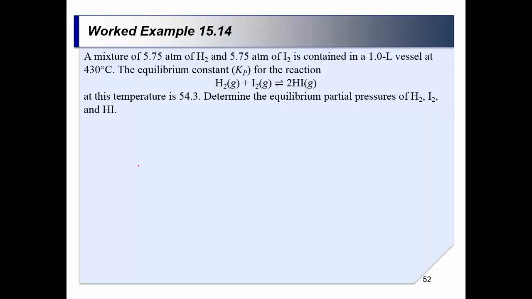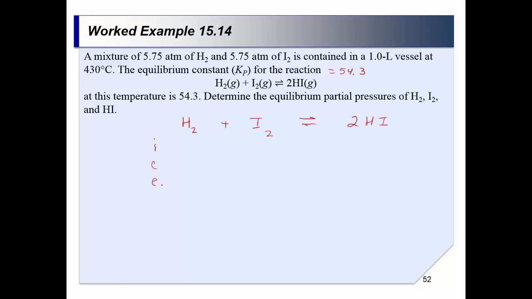For this problem, we have a mixture of hydrogen gas and iodine gas again to produce our product. We have a 1 liter vessel at this temperature. So we have our Kp for the reaction at 54.3. We are asked to determine the equilibrium partial pressures. We handle this the very same way.